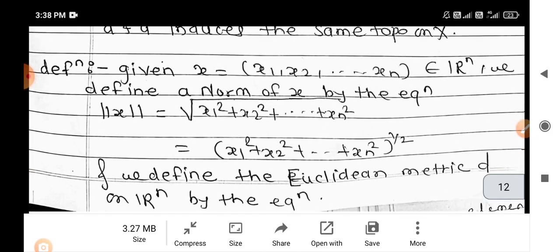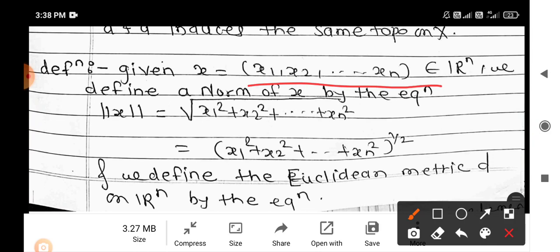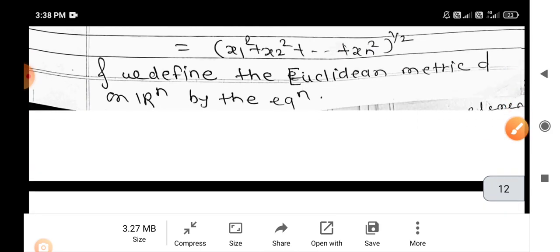Now next see the definition of norm. Let x equals (x1, x2, ..., xn) be any n-tuple in Rn. We define the norm of x as the square root of x1 square plus x2 square plus up to xn square. So we define the Euclidean metric D on Rn by using that norm definition.